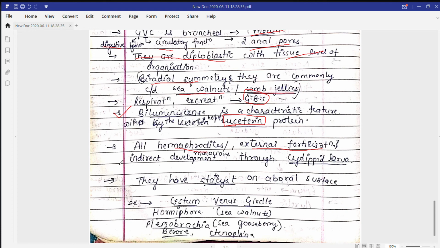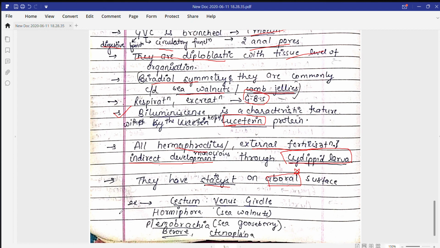They show indirect development, meaning a larval stage is involved, and the larva involved is the cydippid larva. They have a statocyst, a balancing organ found at the aboral surface.